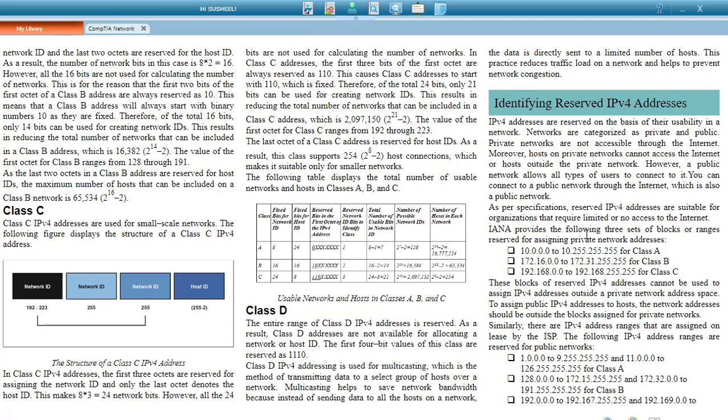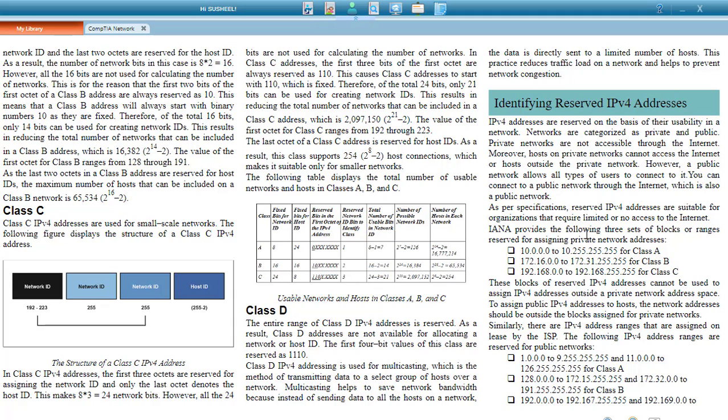This results in reducing the total number of networks that can be included in a Class C address, which is 2,097,150 (2^21 - 2).